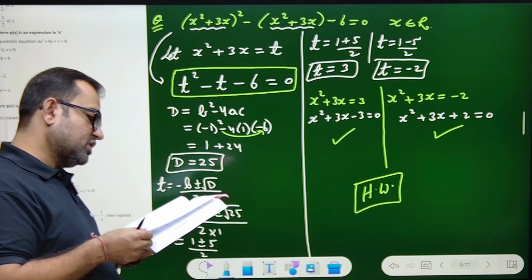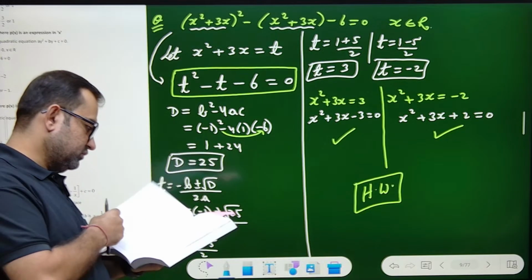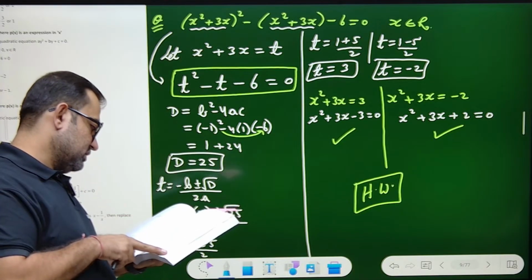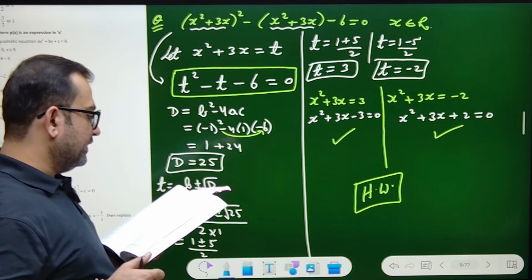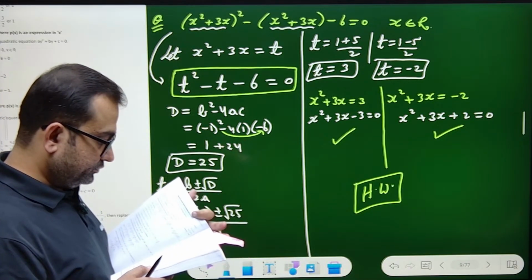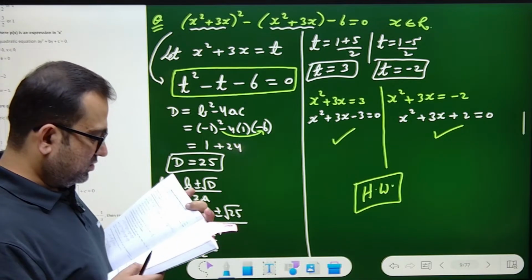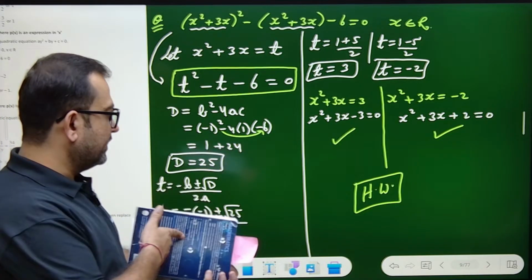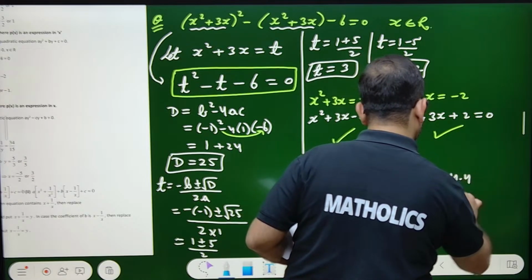Exercise 4.3, question number 1 to 4, you can solve. Exercise 4.4, not complete, only question number 1. Exercise 4.4, only question number 1.